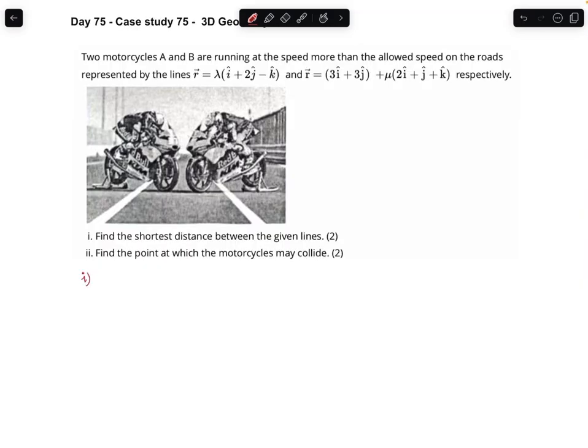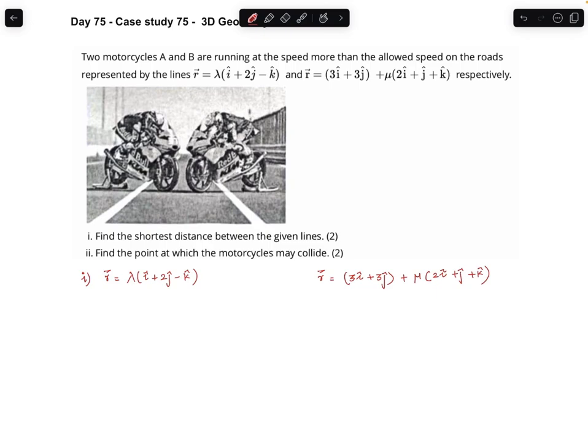The first equation given is r vector is equal to lambda times (i plus 2j minus k), and r vector is equal to 3i plus 3j plus nu times (2i plus j plus k).